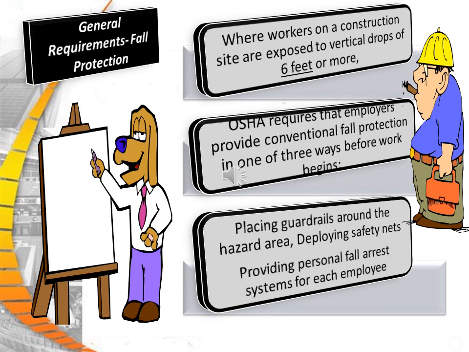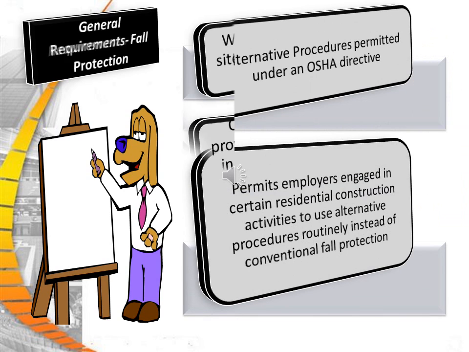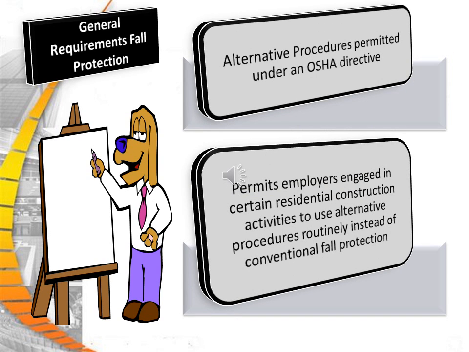Where workers on construction sites are exposed to vertical drops of 6 feet or more, OSHA requires that employers provide conventional fall protection in one of 3 ways before work begins: placing guardrails around the hazard area, deploying safety nets, or providing personal fall arrest systems for each worker. Alternative procedures are permitted under the OSHA directive.